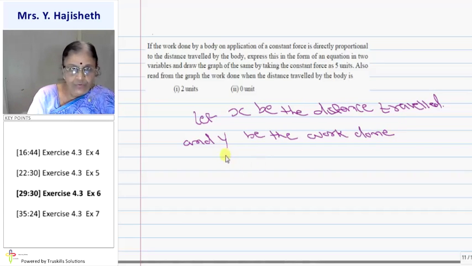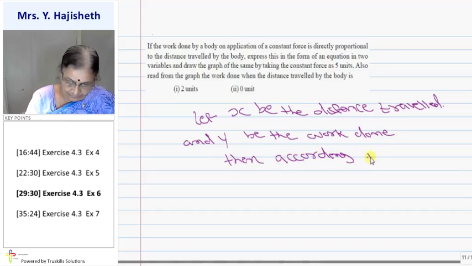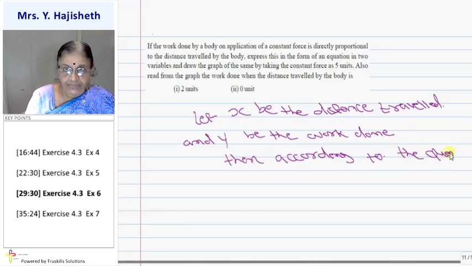Then according to the question given, we have y is directly proportional to x.